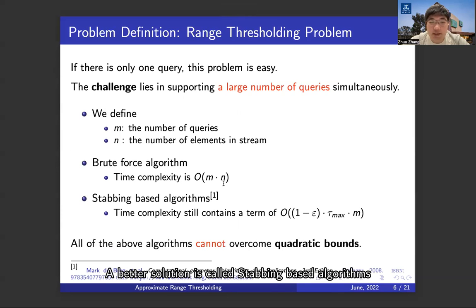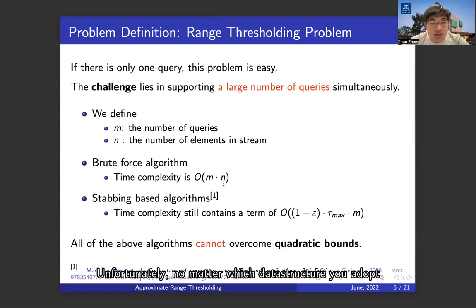A better solution is called stepping-based algorithms. You can maintain some data structure like an R-tree or segment interval tree for the query ranges. And when a new element comes, you can utilize such a data structure to find all of the corresponding queries and increase their counters.